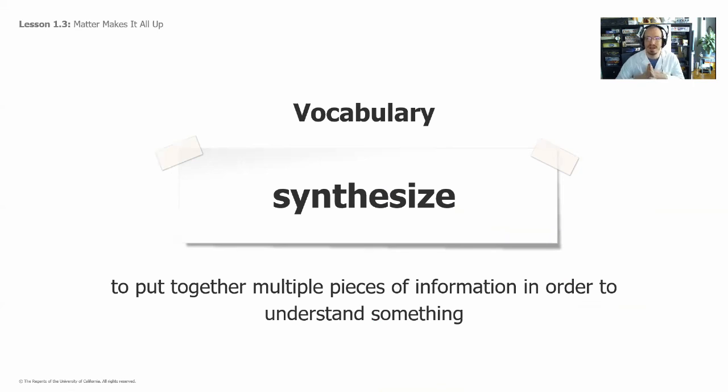And this is a little more advanced, but once you start learning a little more about chemistry and how atoms and molecules interact, synthesize in general means to take smaller things and put them together to make something bigger. So when a body is taking water molecules and sugar molecules that we're going to learn about later in the lesson and using them to make something bigger, they're synthesizing it.